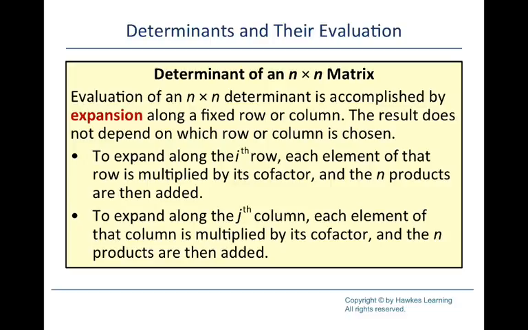Evaluation of an n by n matrix determinant is accomplished by expansion along a fixed row or column. And it doesn't matter what row or column you use. So that's important. Usually what you want to do is pick a row or column, decide to use the first row or the first column. It's just easier that way.